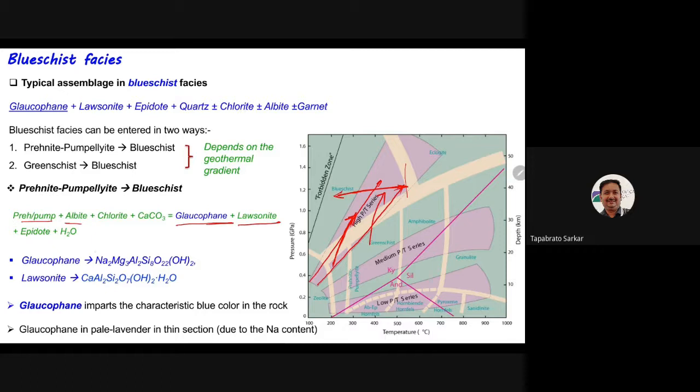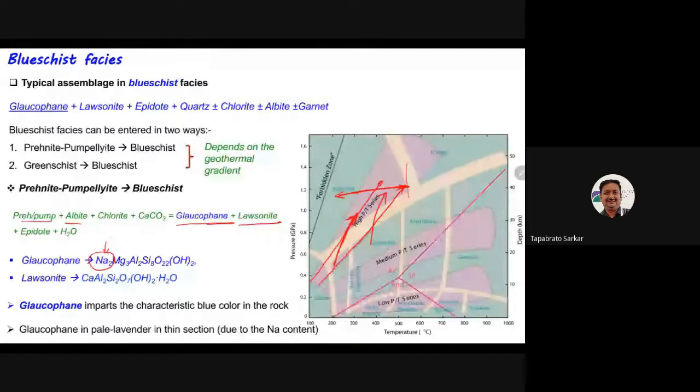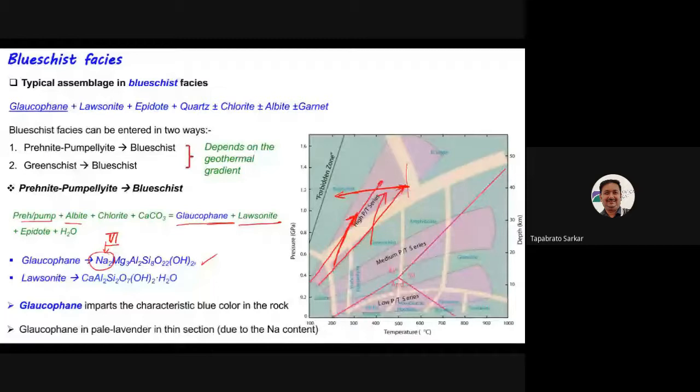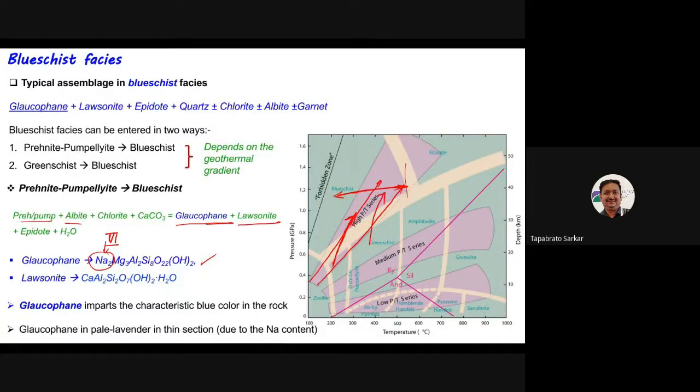What is important to note here in glaucophane, as we discussed, is that these two sodium go into the M4 site, meaning the octahedral site. This sodium goes into the octahedral site in the glaucophane, replacing calcium. Therefore, a typical glaucophane is sodium rich and does not have any calcium, which is in stark difference with that of hornblende or actinolite.